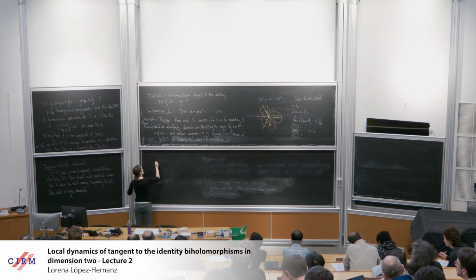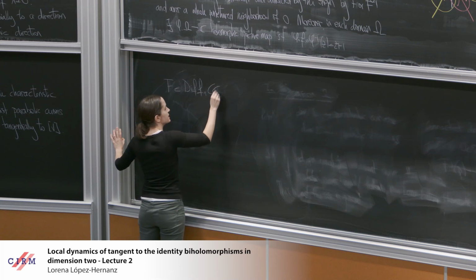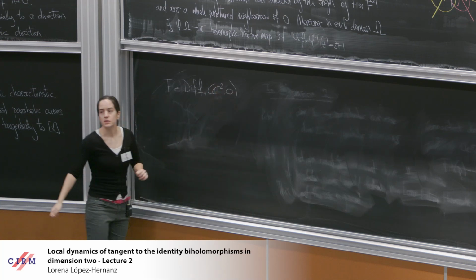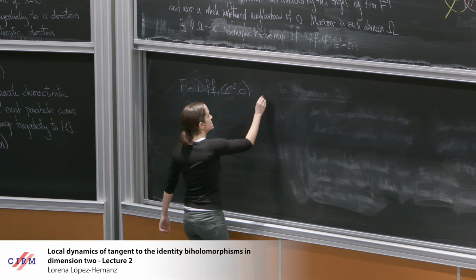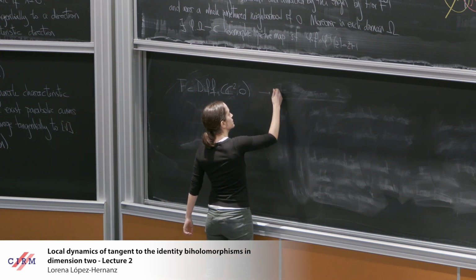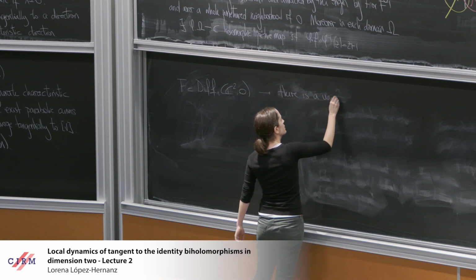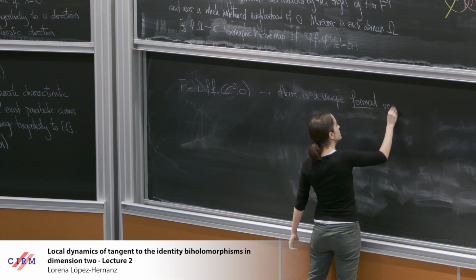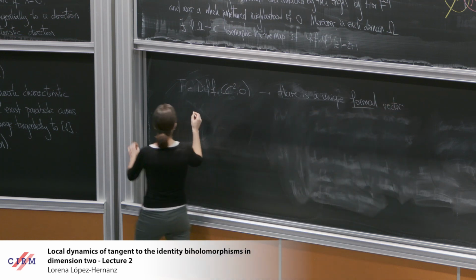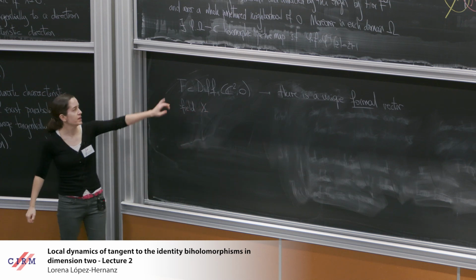So we have a tangent to the identity biholomorphism in C2; in Cn it's the same thing. We can always associate to it a formal vector field: there exists a unique formal vector field X whose time one flow is F.